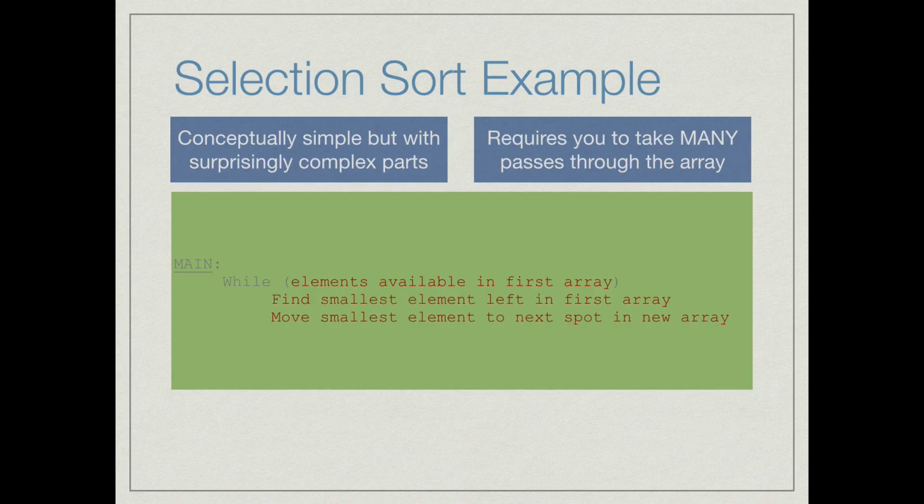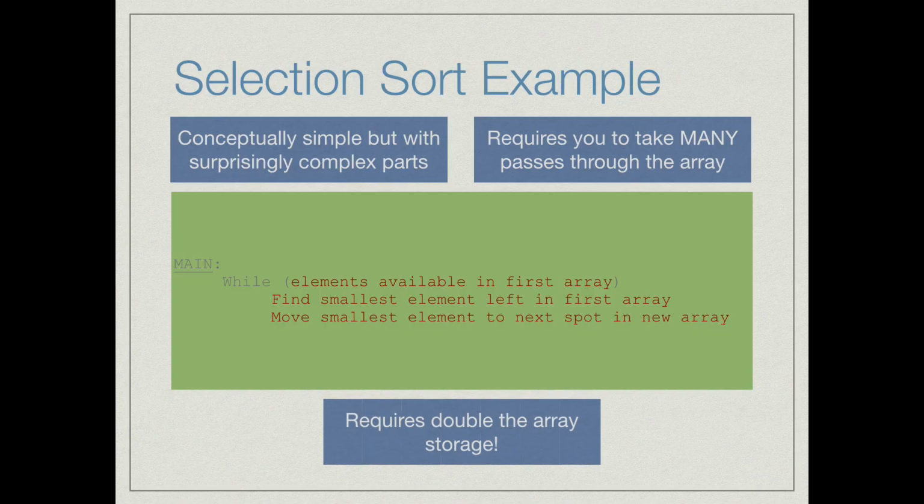So you can't just assume that the first item that you come to is going to be the smallest. You have to go through all of the elements every time until you have processed all of them, until they've all been copied to the new array. And again, just to remind you, it takes double the storage. So the larger your array is, the more storage you need.